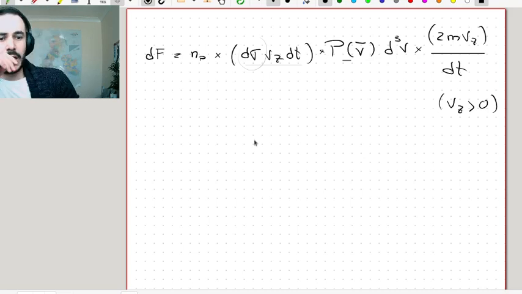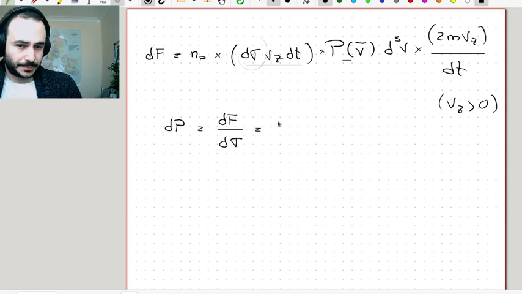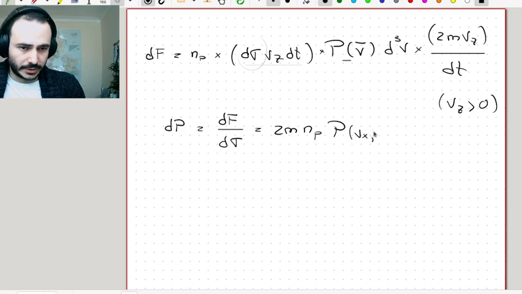So fine, let's calculate then the pressure. The pressure, or the infinitesimal contribution of these particles with that specific velocity to the total pressure, is the force divided by this sigma. If I get rid of the things that cancel out, it is p, the probability distribution of vx, vy, and vz.